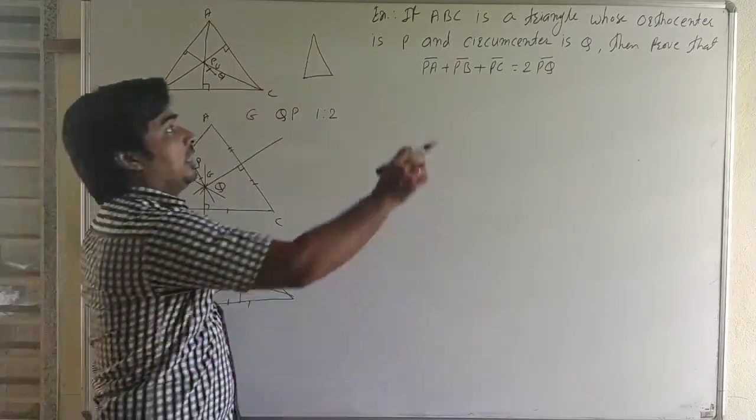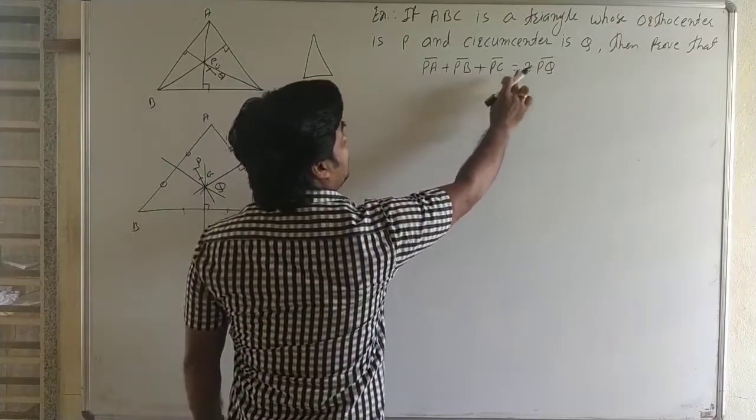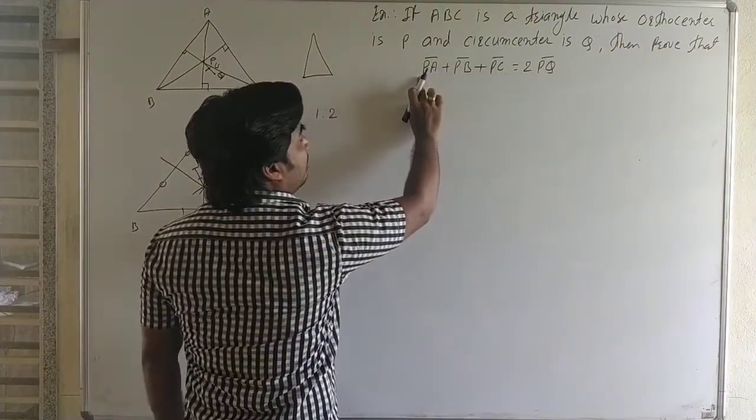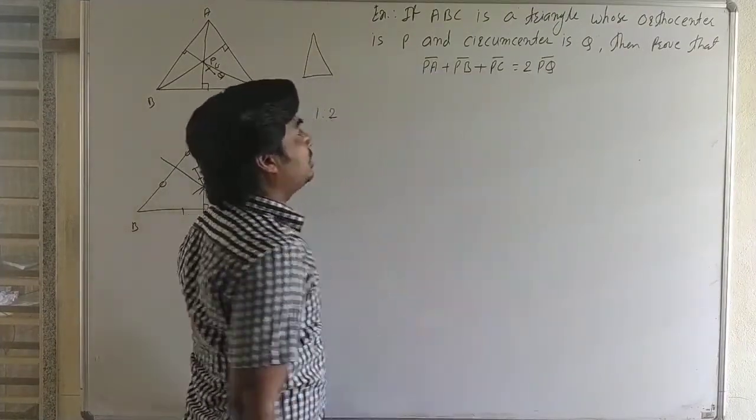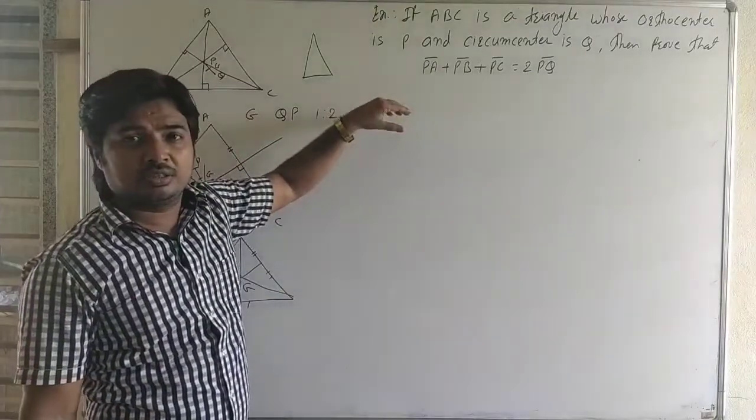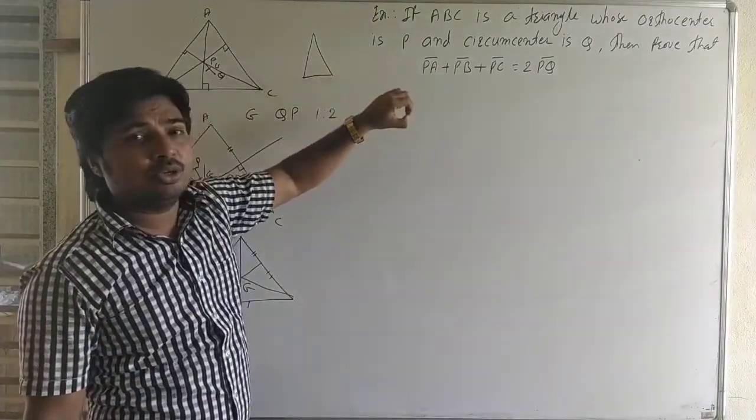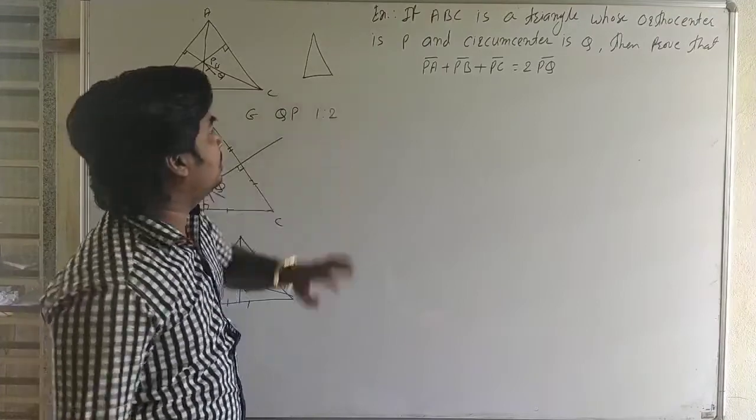Here it is PA, PB, PC and PQ. P is the orthocenter. Therefore we take the position vectors of all points with respect to the orthocenter.